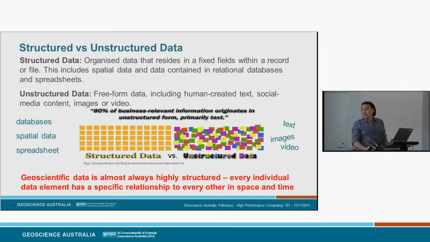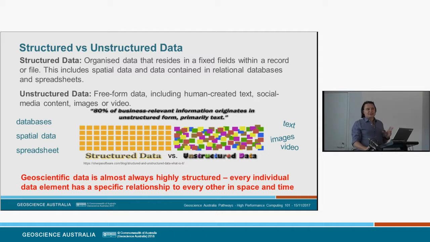So I thought I'd better talk about structured versus unstructured data. The structured data has a very well-defined format. We know what the content is. Unstructured data is things like free-form text, social media content, images, video.